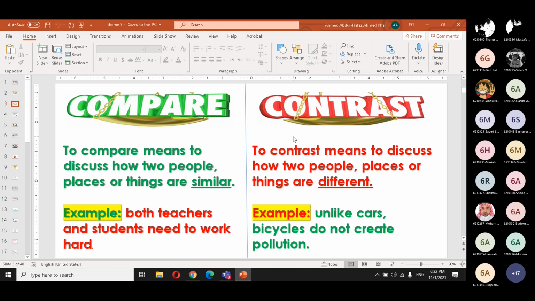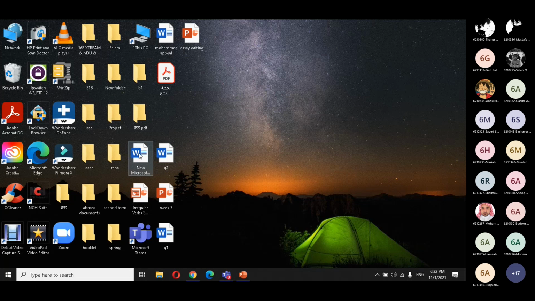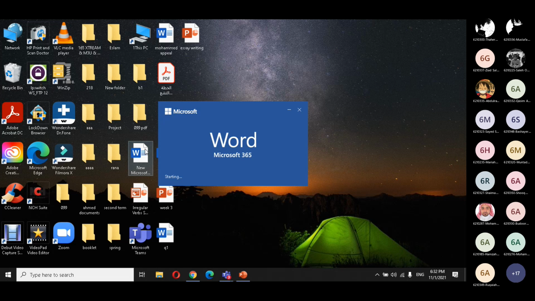If we say compare and contrast, in your writing you will have a topic, and I will show you how the question will look. You will have two topics. For example, we will have a look now at some different topics and examples for writing.